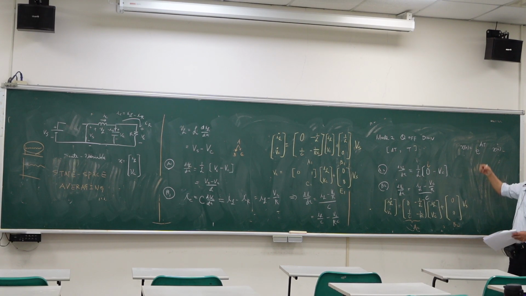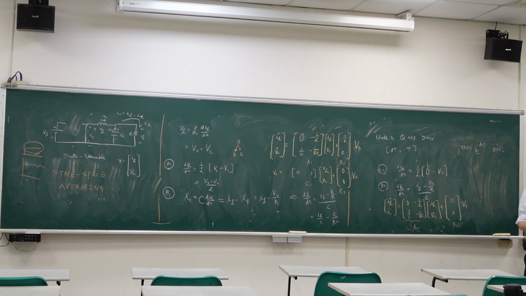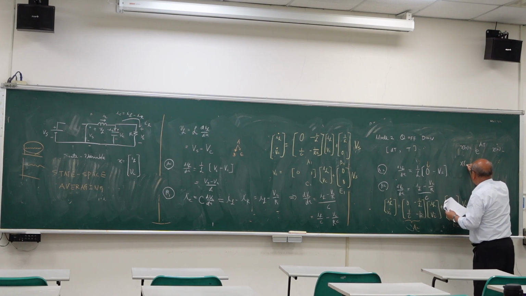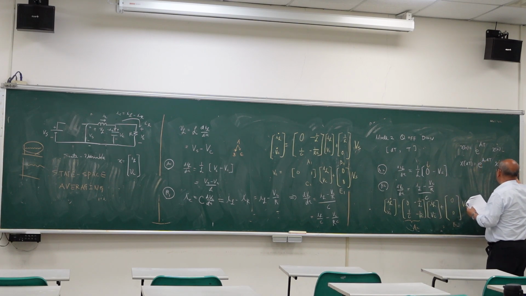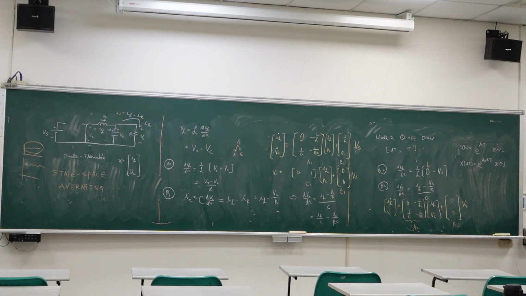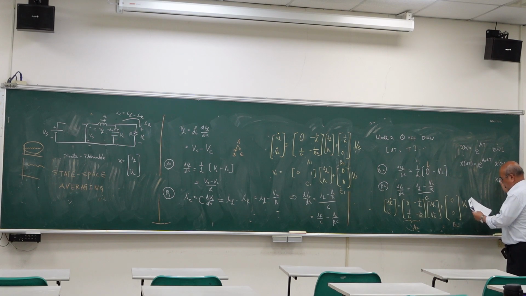But you have a trajectory, right? Now in mode 1, we have time dt. So we can say x(dt) is equal to e^(A1 dt) multiplied by x0. So from x0, we transition to x(dt), and then from x(dt), we transition to x(t).